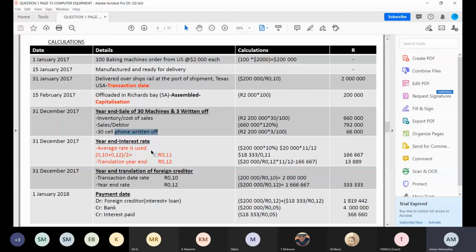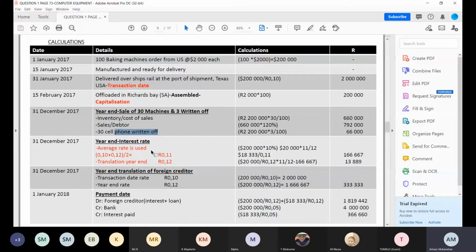So let's come back here. First thing first, on 1st of January, 100 bagging machines were ordered from the US at $2,000 each. And here's the calculation. So if I multiply 100 by 2,000, it's going to give me 200,000 US dollars. So I've indicated here in rand. Is there anything that I need to recognize?